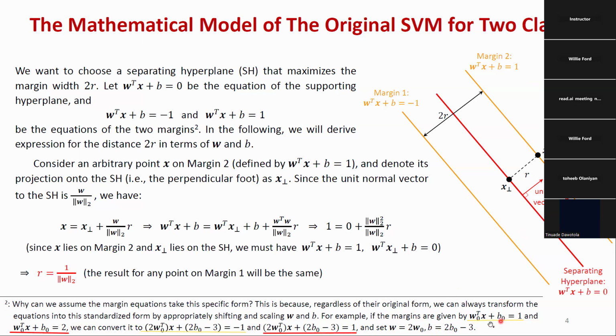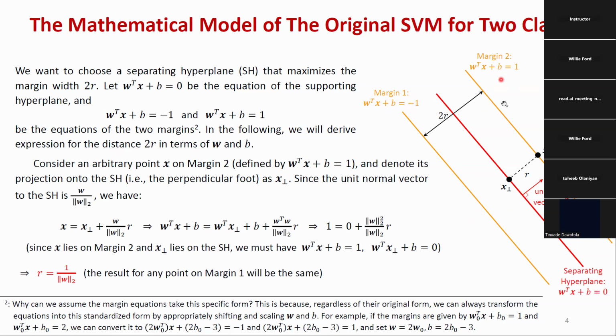So I'm going to convert this model to the standard form again, which is W^T x plus b equal to negative 1 and W^T x plus b equal to 1. That's it. So this is just an example to let you know it doesn't matter what your original equation is. I can always convert it to this standard form, which is W^T x plus b equal to negative 1 and positive 1.